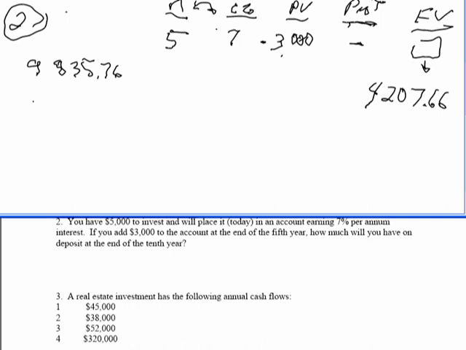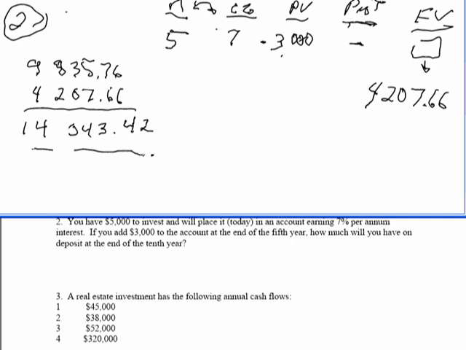That's still in that account. And right now we're at the end of the 10th year and we're withdrawing all the money. So we withdraw both the $9,835.76, also the $4,207.66. So we actually have a total in that account of $14,043.42. Okay, and that's our answer to number 2.